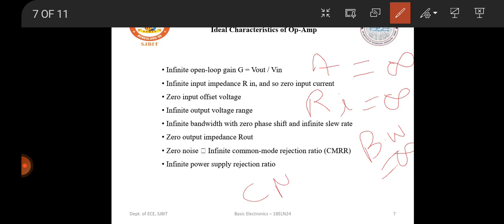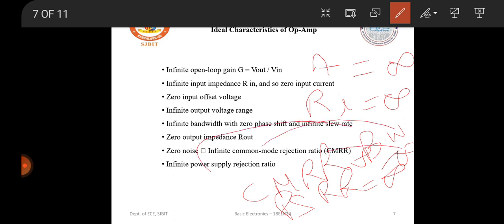The common mode rejection ratio CMRR and the power supply rejection ratio PSRR should be equal to infinity. Input offset current should be equal to 0. So these are all the ideal characteristics that an op-amp should possess.